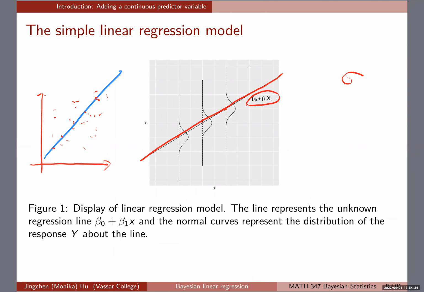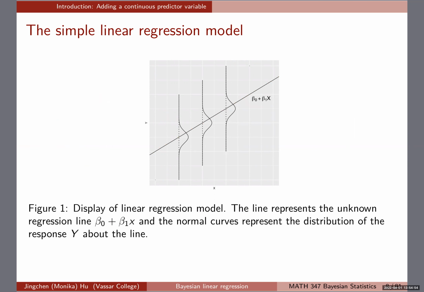But then there's deviation of your actual observation to the regression line, and that deviation is being captured by that sigma. And in our regression analysis, we're trying to estimate that sigma as well. Overall makes sense? Okay, alrighty.